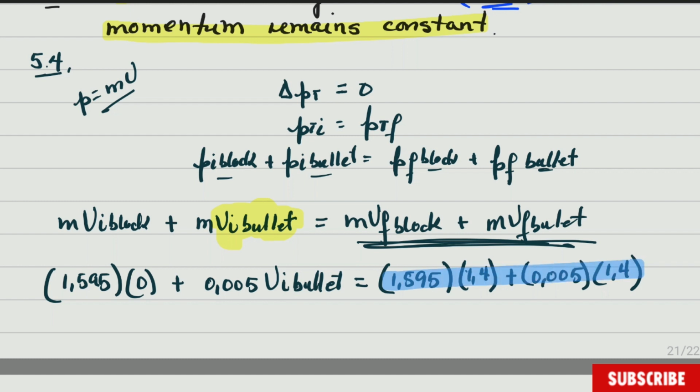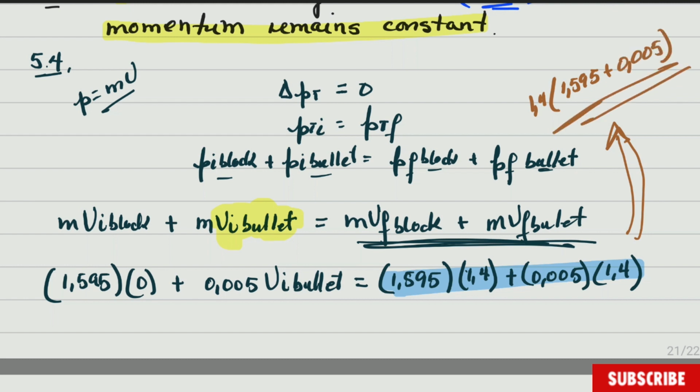Alternatively, remember you can do the following, and you can say, for instance, 1,4 bracket 1,595 plus 0,005. You can write it like this if you want. It's the same, you will get exactly the same answer at the end.